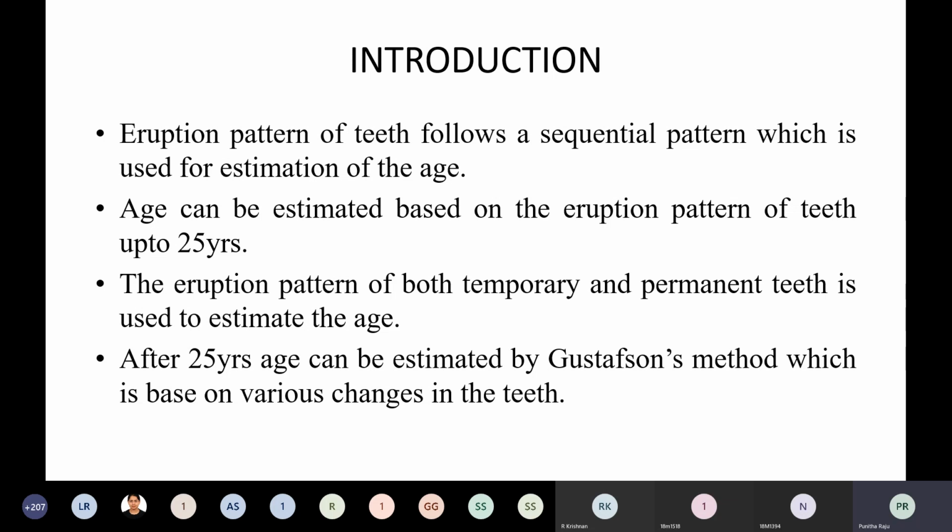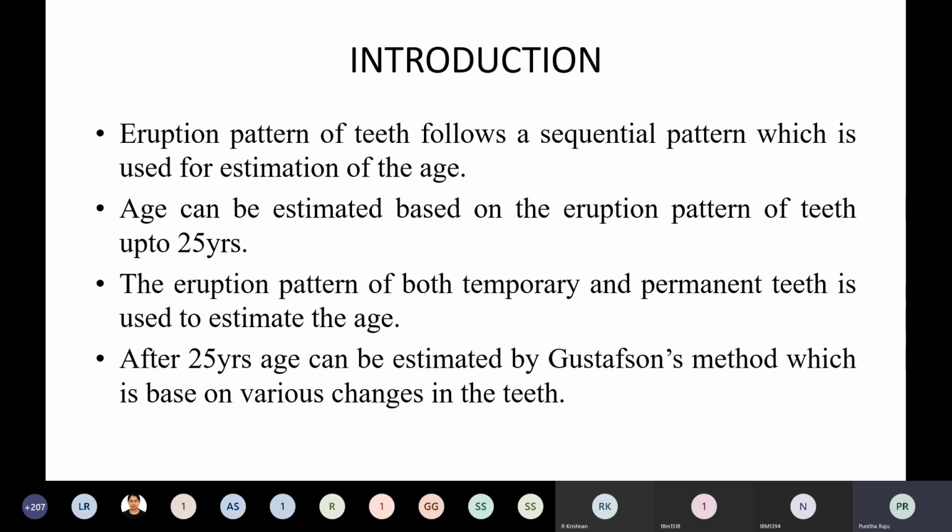The eruption pattern of both temporary and permanent teeth is used to estimate the age. After 21 years, it can be estimated by Gustafson's method, which is based on various changes in the teeth. Gustafson's method is very important. It is repeatedly asked in your theory exams, so I'll tell you what it is.